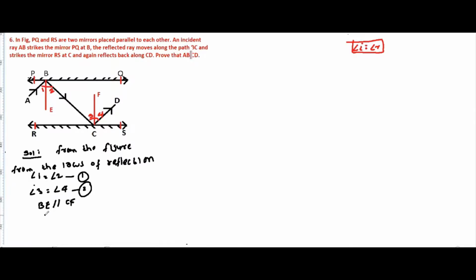So write that: angle 2 equals angle 3, since they are alternate angles. This is equation 3.